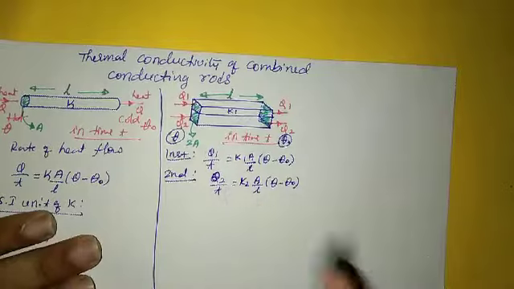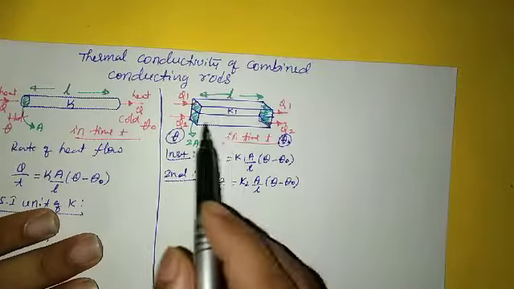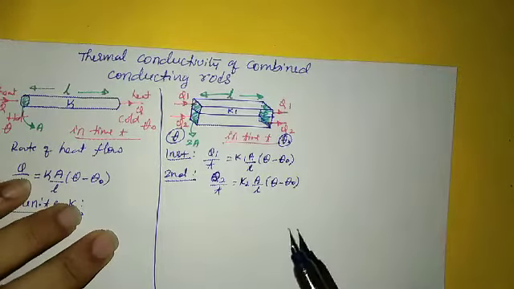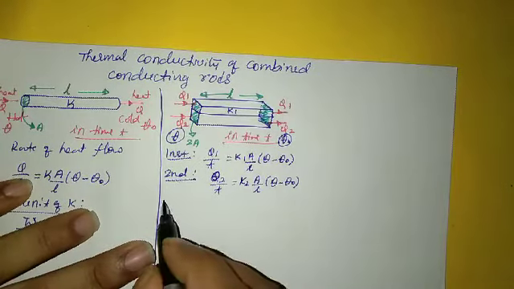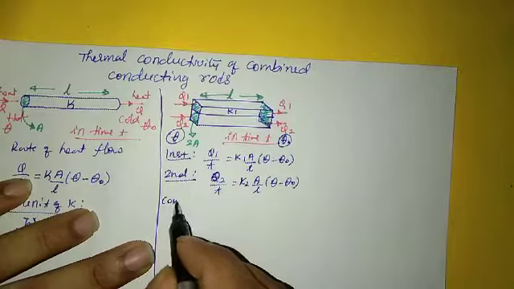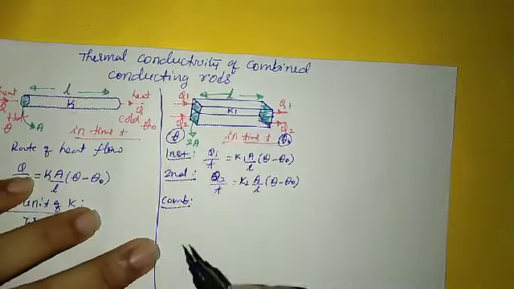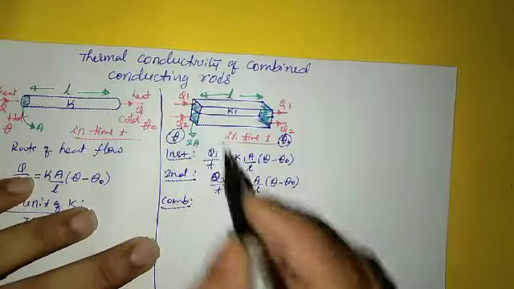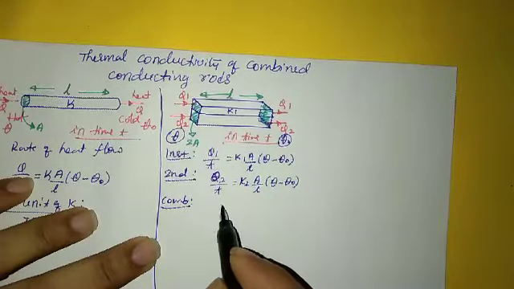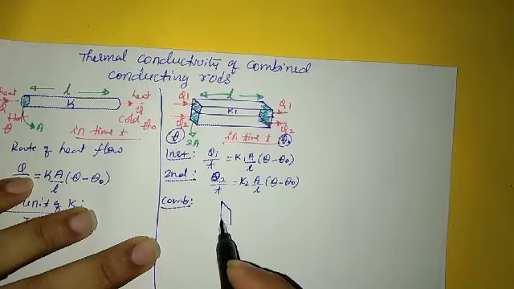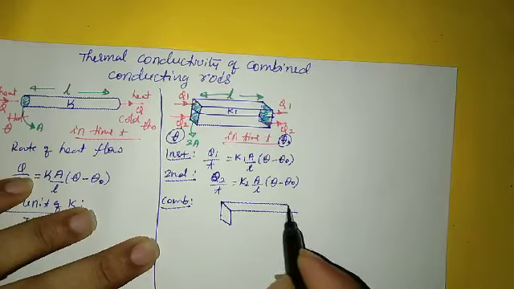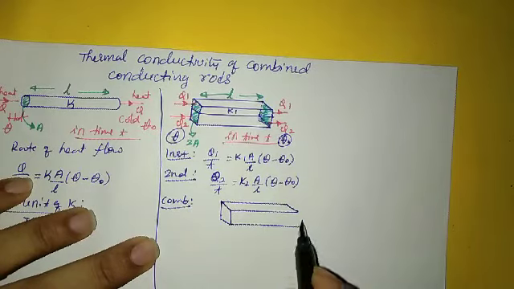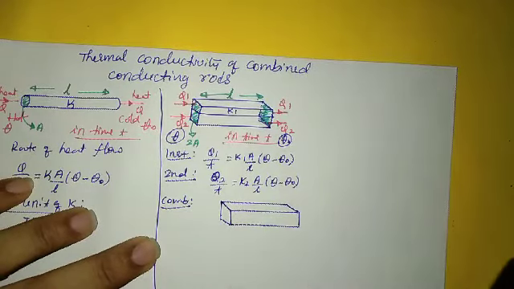Now if I think of it as a combination, the total heat that flows, the net flow, is simply like this. I call this the combination of both rods together as a single piece.